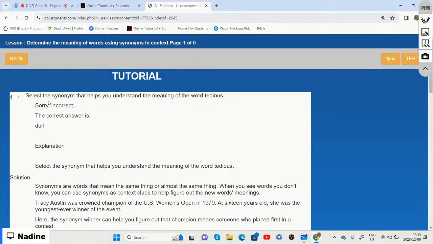Even here, we need to select the synonym that helps you understand the meaning of the word tedious. So we need to understand the meaning of the word tedious.